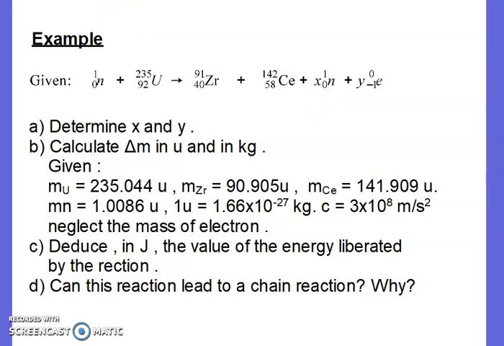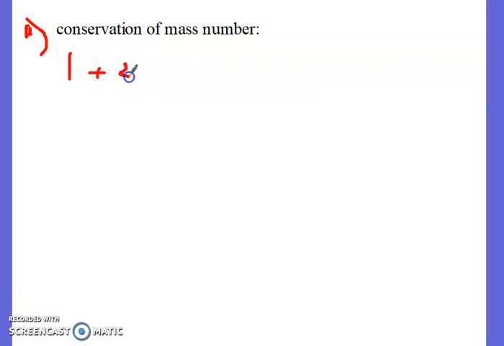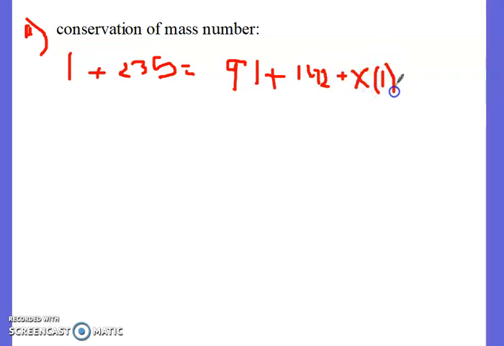So here, conservation of mass number, you get 1 plus 235 equals 91 plus 142 plus x into 1, of course, because mass number of neutron is 1, plus y into 0.